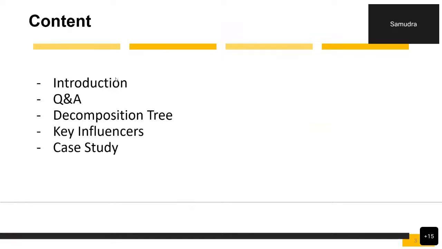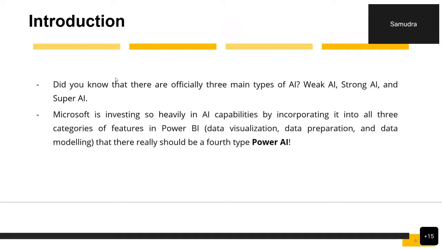I have some compensation data, San Francisco compensation data. We are going to start analyzing this data set and create some visuals using Q&A, decomposition tree, and key influencers. So, first of all, we'll get an idea about the topic.